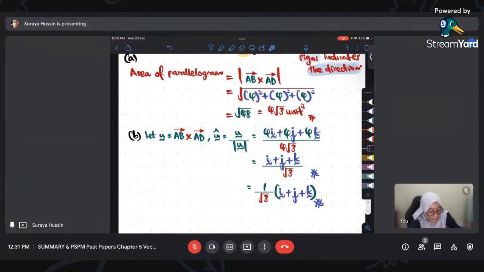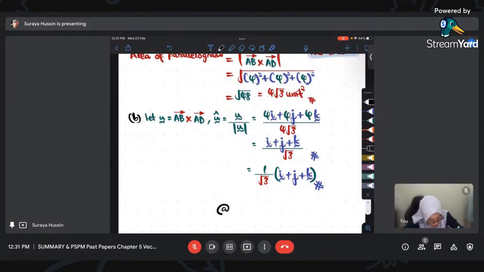And then I just divide it with its magnitude, and then I can factorize 4 out, cancel 4, and then I'll get this. Ataupun jawapannya boleh ada 2, ataupun jawapannya adalah equals to negative 1 over square root 3 times i direction plus j direction plus k direction. So both are acceptable.